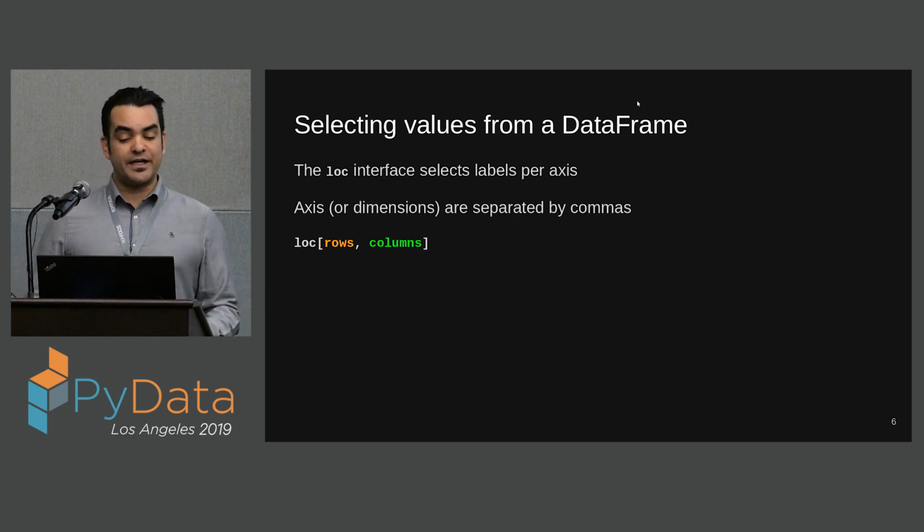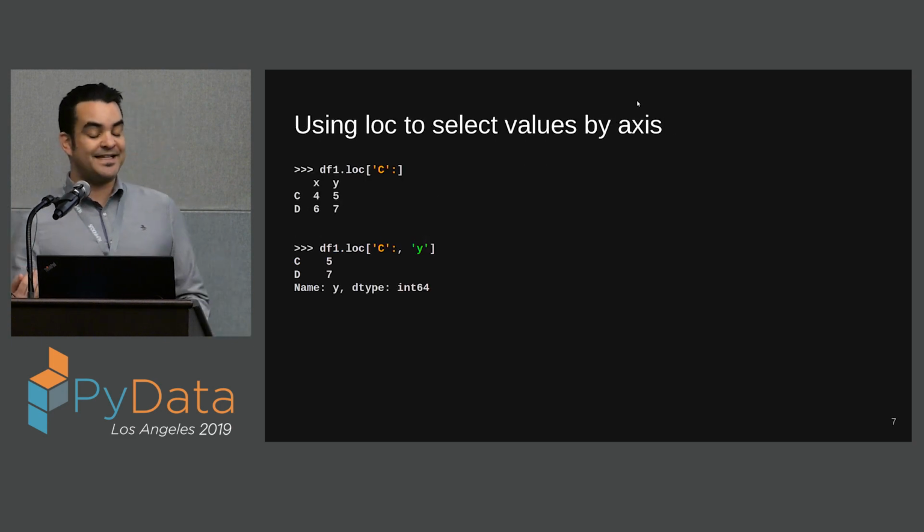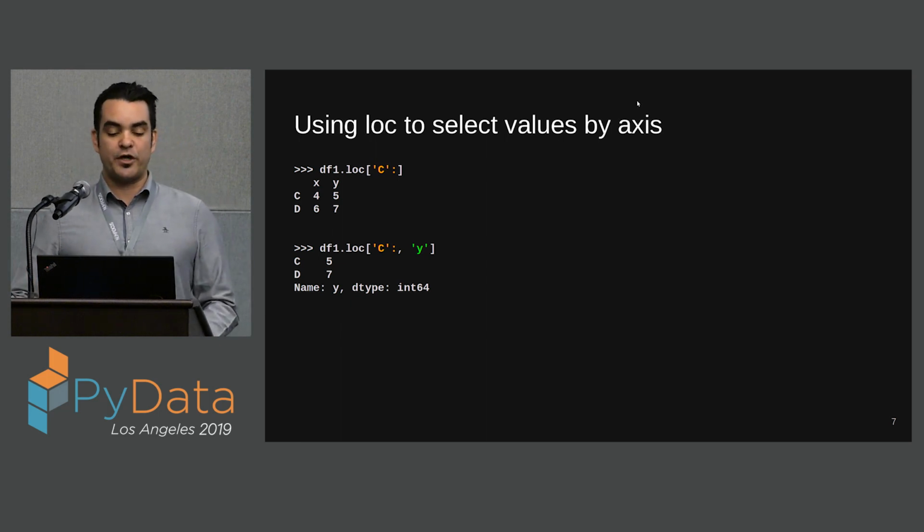We can use the loc interface to select one label per axis, and these selections are delimited by commas. So we can select rows and we can select columns, and they're nicely delimited by a comma in our loc call. For example, if I want all rows from C to the end, I can provide a slice from C to the end with a 1-argument loc call. Using a second argument, here Y, I can select all rows from C to the end and column Y.